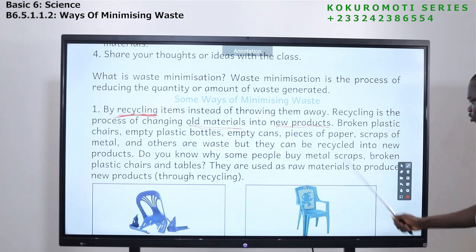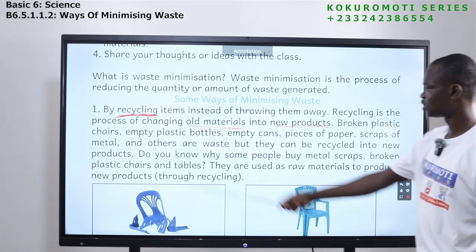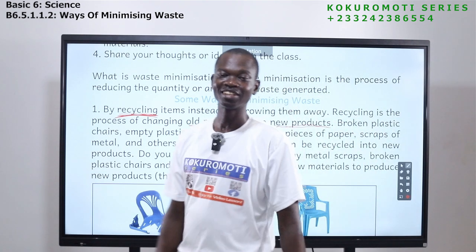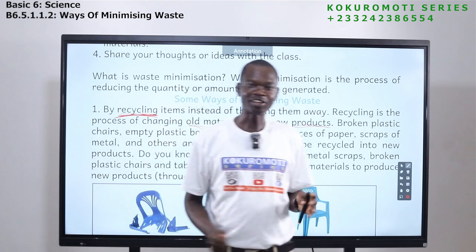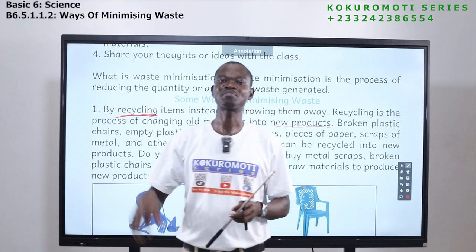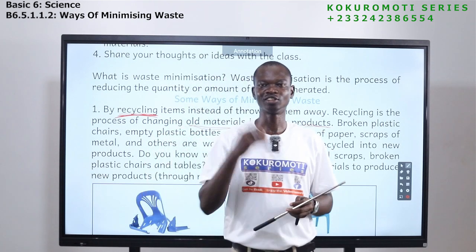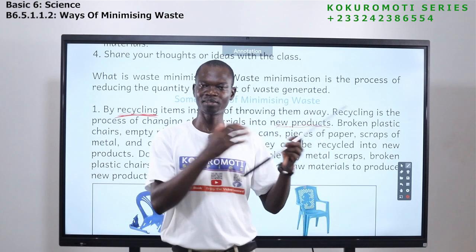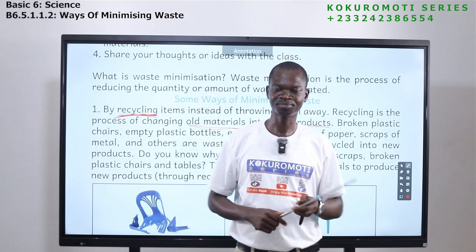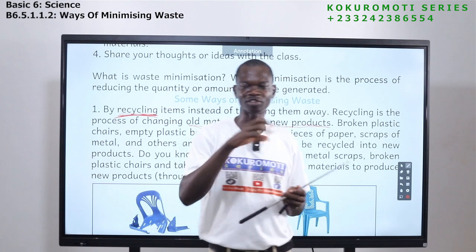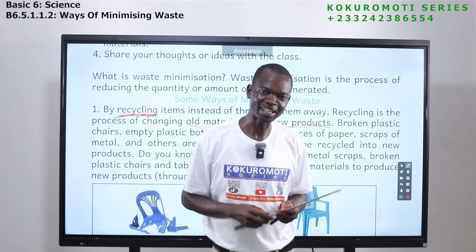They are used as raw materials to produce new products. So your area, I don't know, but my area, some people always come around looking for broken plastic chairs to buy. They take scraps of metals, they buy them.